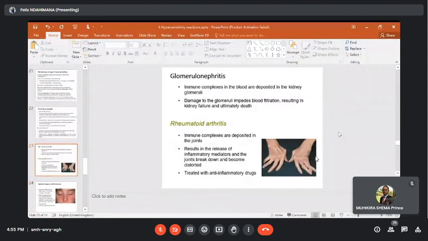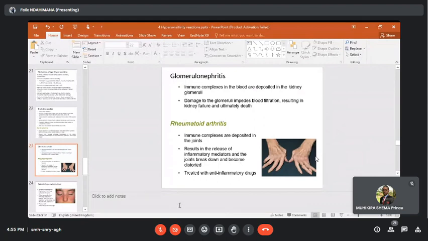We have another example, glomerulonephritis, which is an immune complex deposition in the kidney, and this will destroy the kidney cells, the glomeruli, and once they are destroyed, this will have an impact on blood filtration and will result in kidney failure until ultimate death.